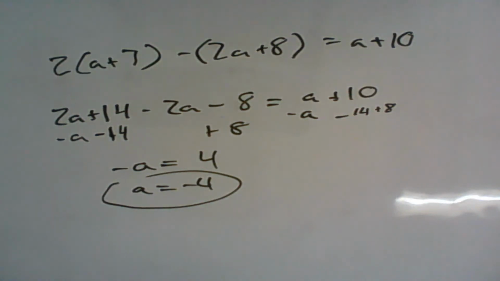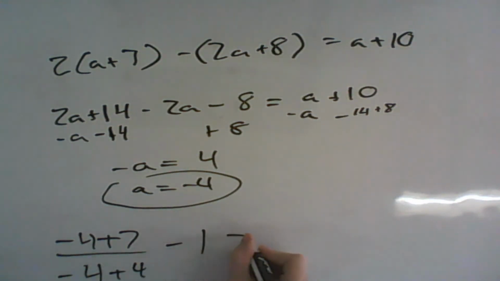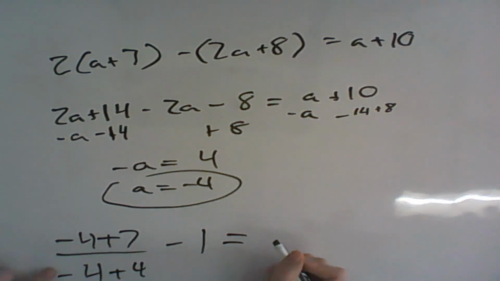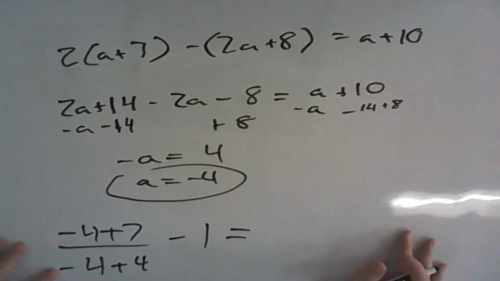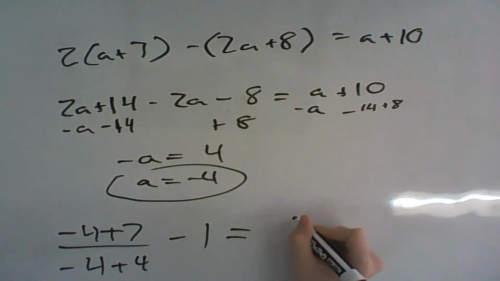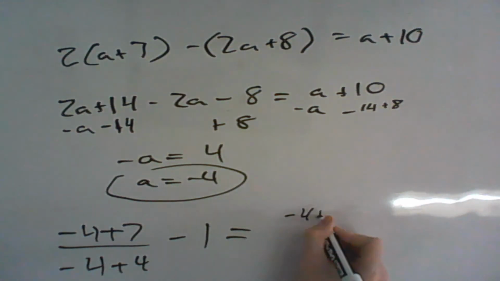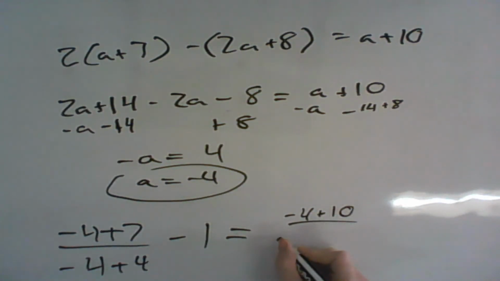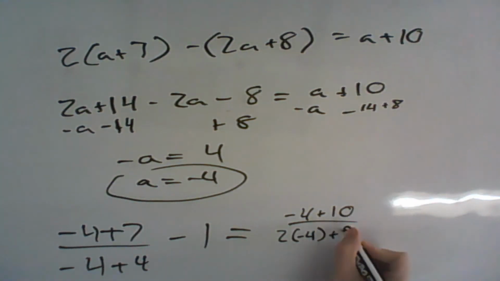Check our answers. We get negative 4 plus 7 over negative 4 plus 4. I can already see an issue with this beginning part right here. We get negative 4 plus 10 over 2 times negative 4 plus 8. Okay, what's this become?